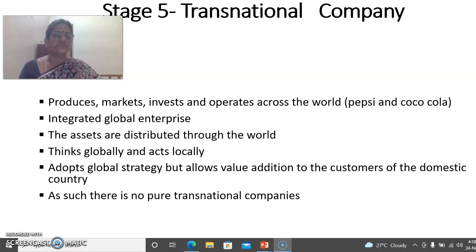Another form is then it can be a global company, and finally the company can be a transnational company, cutting across the borders of the world, considering the entire world as a single country, producing and supplying all the products. These are all the various stages.